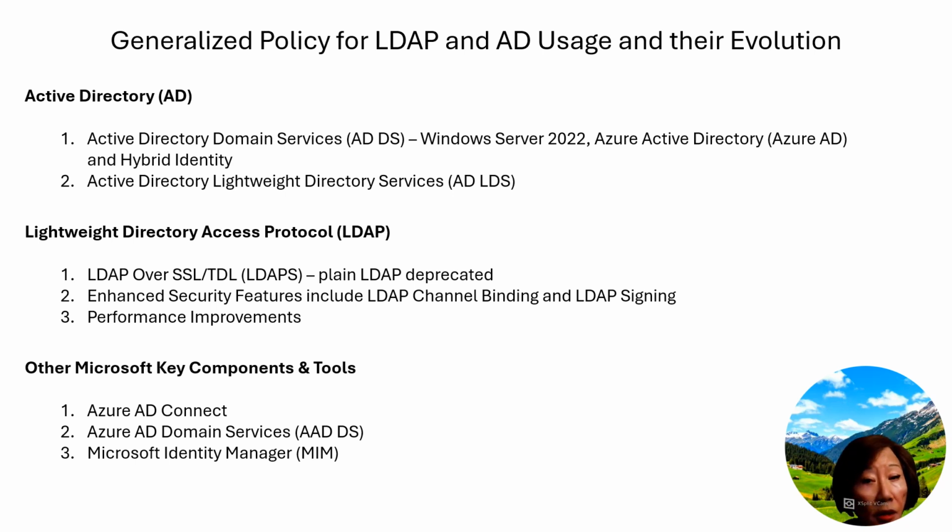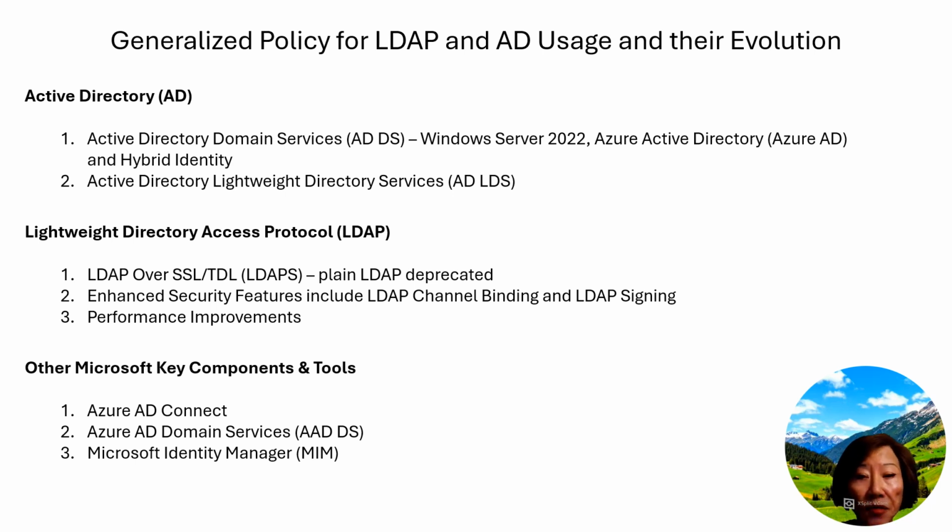There are enhanced security features for LDAP-S. One is LDAP channel binding and channel signing. I'm not going to get into them too much here. You can look it up, Google them, and you can easily find more information. But Microsoft has implemented new security features to enforce LDAP channel binding and LDAP signing.